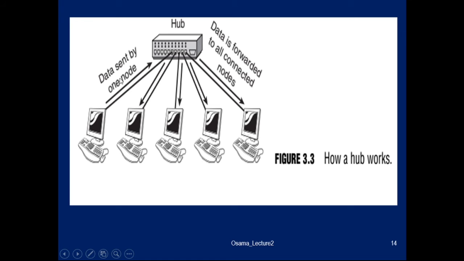If I am computer number 1 and I need to send this data to just computer number 2, not to 3 or 5, but I am using the hub, the data will be forwarded to all: to number 3, number 4, number 5. It's clear? We call this broadcasting.